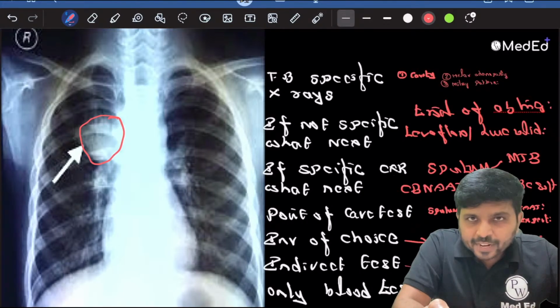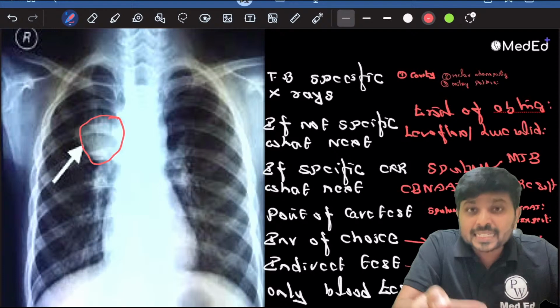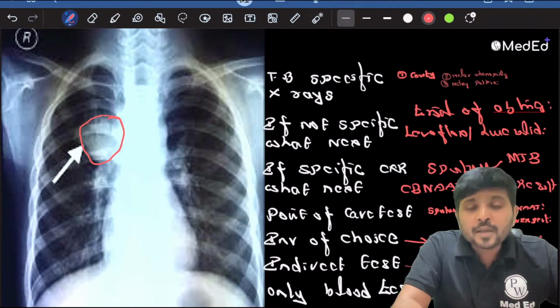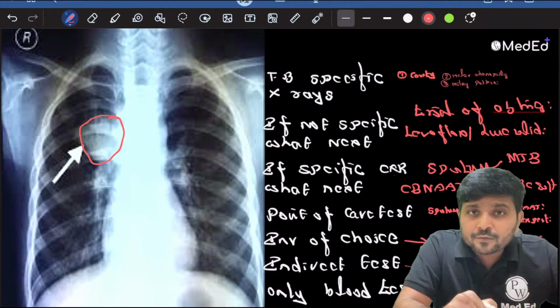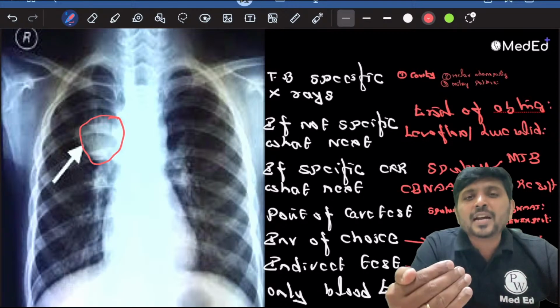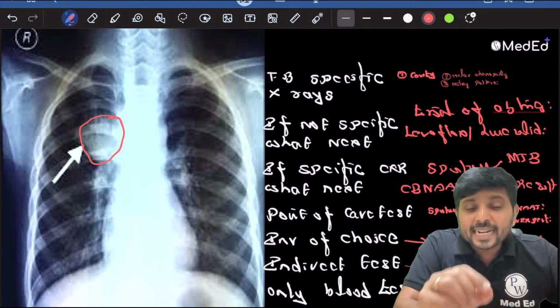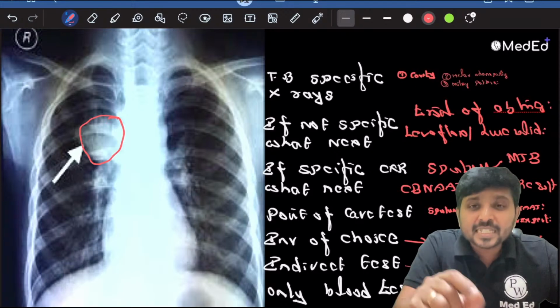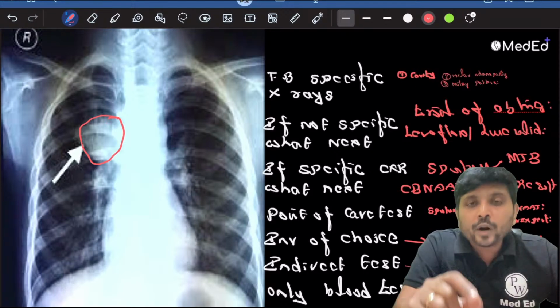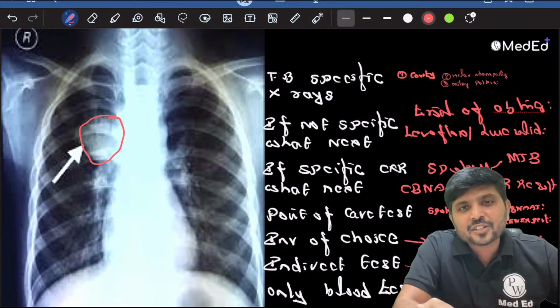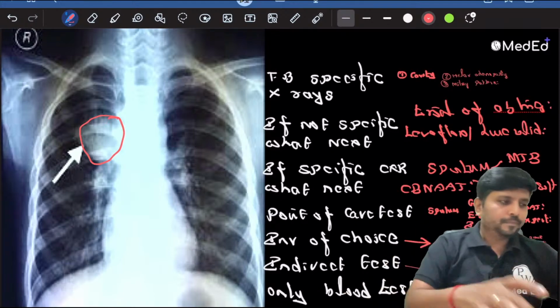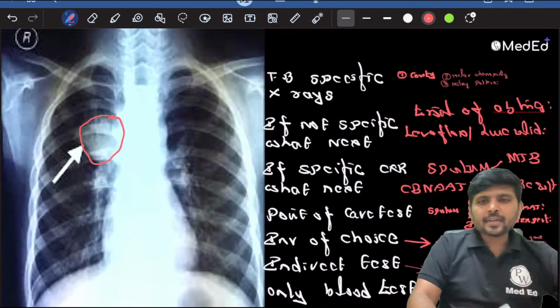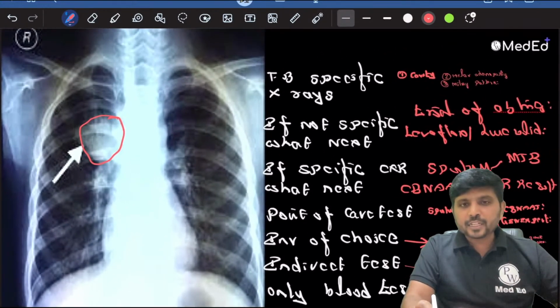The point of care test is gene expert or CB0. But the confirmatory test of choice is MGIT, which is based on liquid culture medium. Indirect tests are two skin tests: Mantoux, not specific, and CTB test, specific. The only blood test to detect infection is IGRA. Good. Revision over with respect to TB.